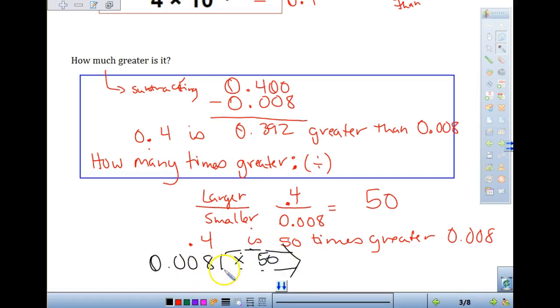And if I take 0.008 times 50, I get 0.4, okay? So that's kind of what you're going to be doing tonight as we're working on this project.